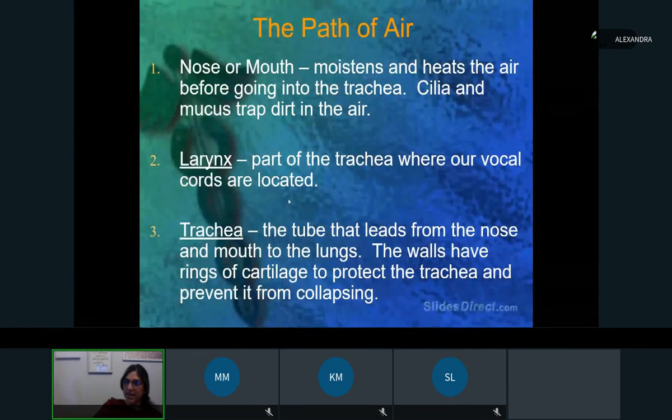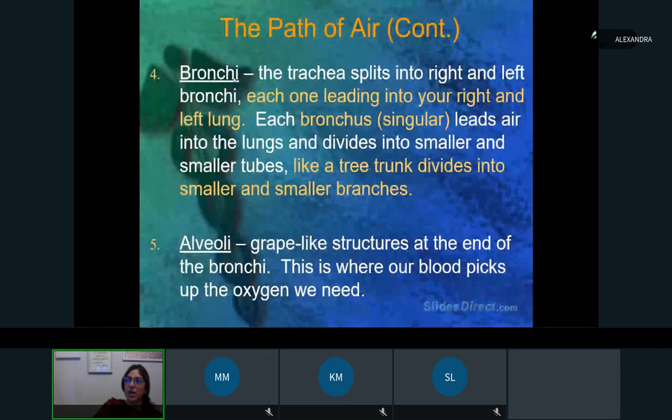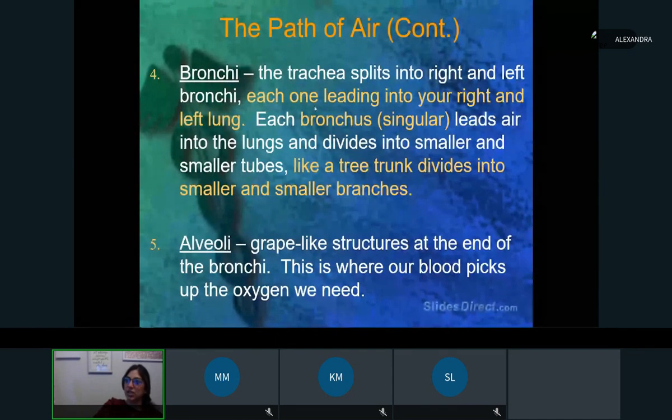All right. Next, it goes from the trachea to the bronchi. The trachea splits into right and left bronchi, each one leading into your right and left lung.